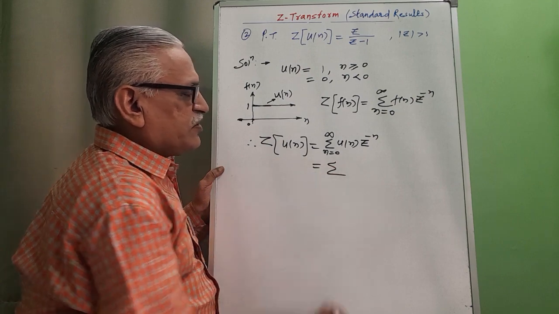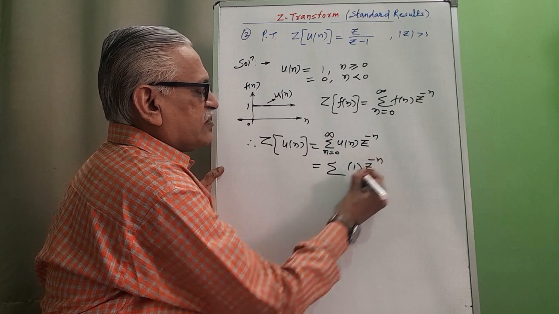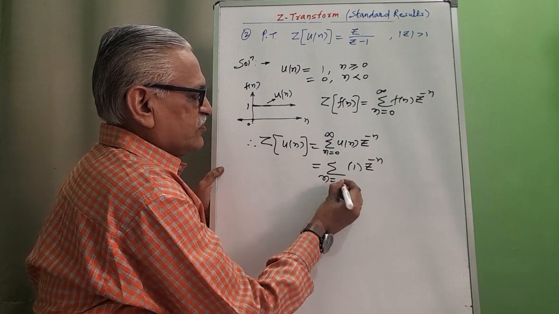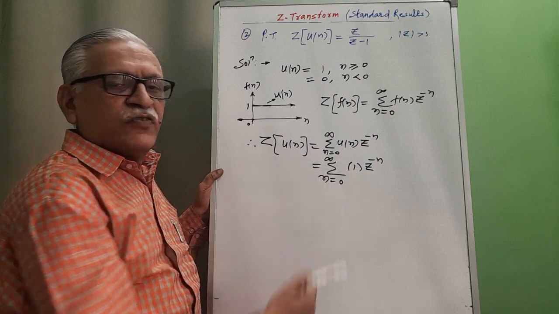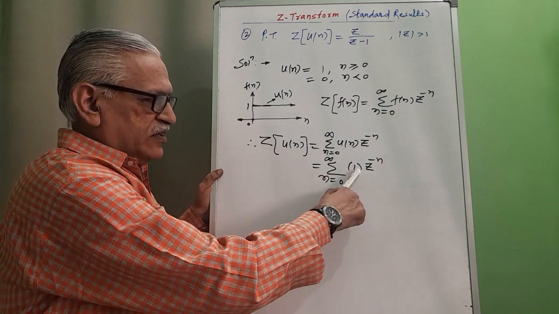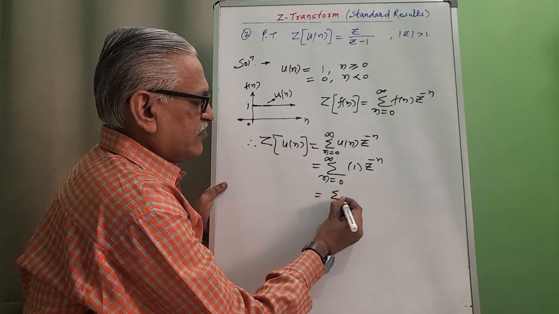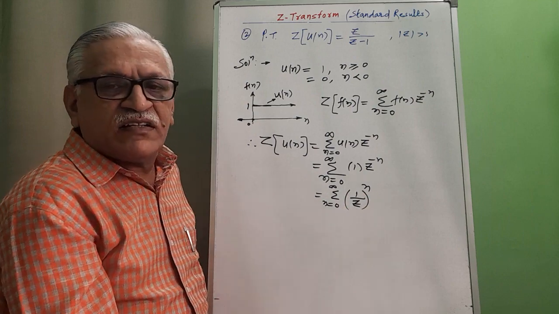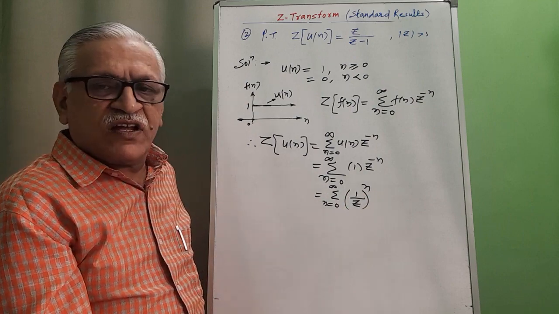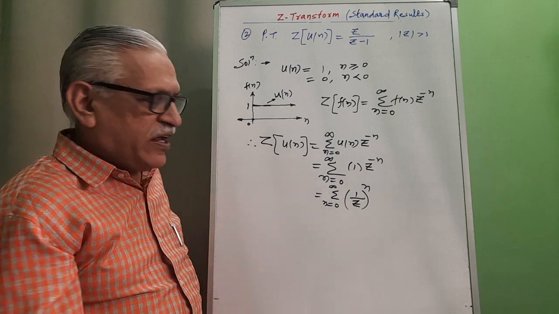And therefore that summation becomes 1 multiplied by z raised to minus n, n changes from 0 to infinity. And that z raised to minus n we can rewrite as 1 by z raised to minus 1, and that raised to n as 1 by z whole raised to n.